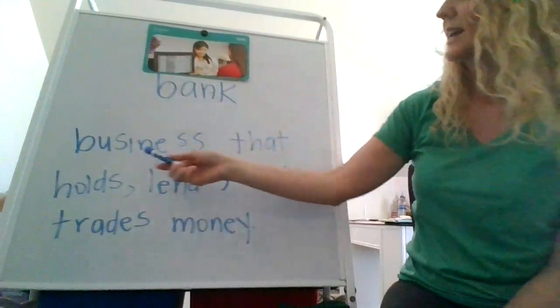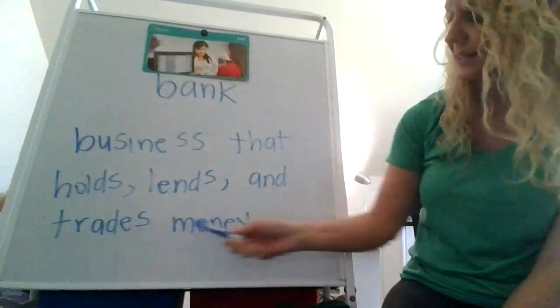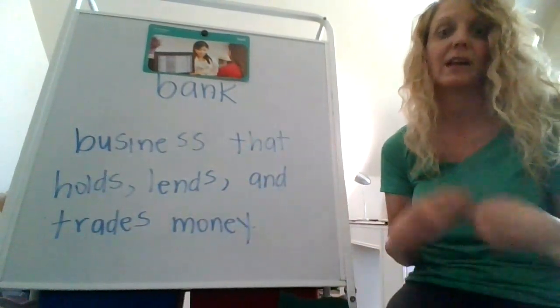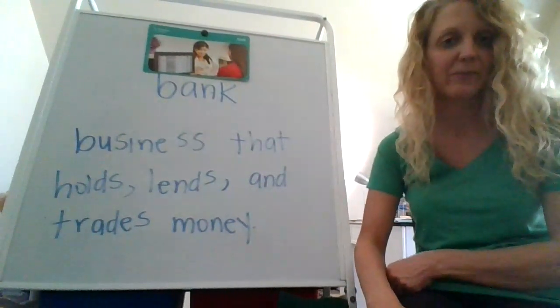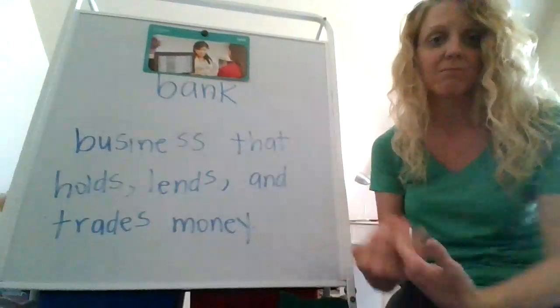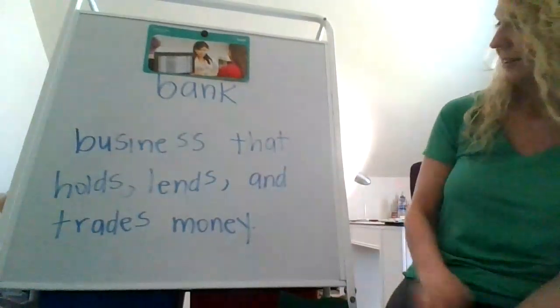So a bank is a business that holds, lends, and trades money. Lends is just another word that means they'll let you borrow it if you will pay it back. Kind of like Miss Hollinger lends you books from the library. She allows you to borrow them as long as you bring them back. Okay?